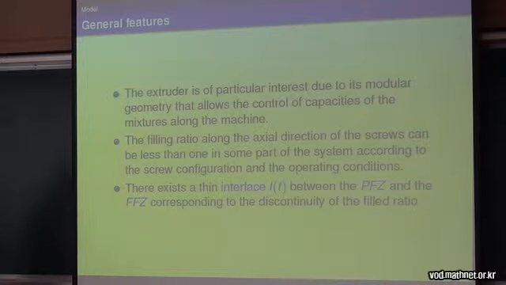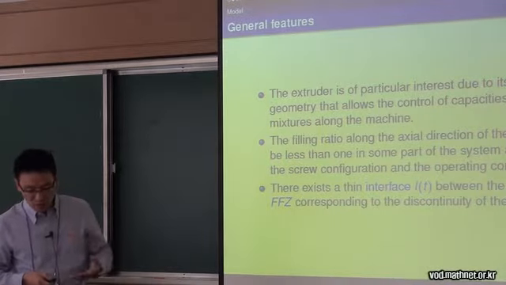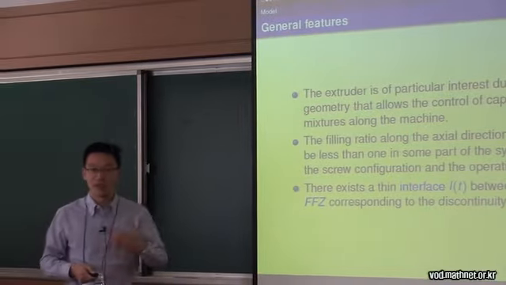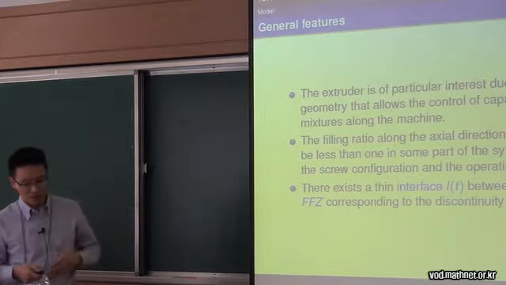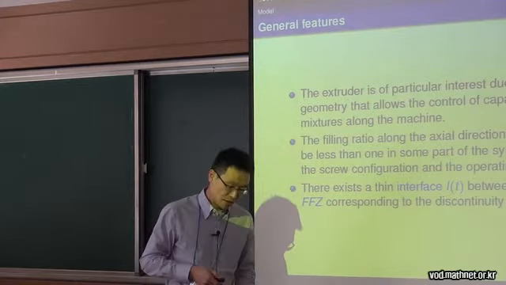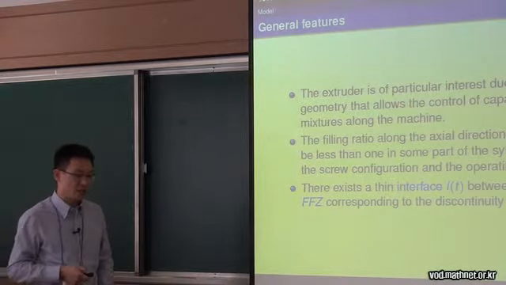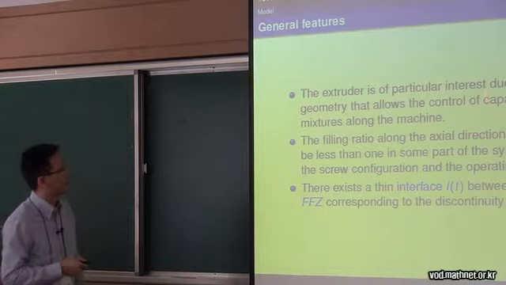Taking for instance, if you want to produce some Italian pasta with good taste, you need to control the extruder so that the mixture which flows out of the die has a special shape with a good taste.